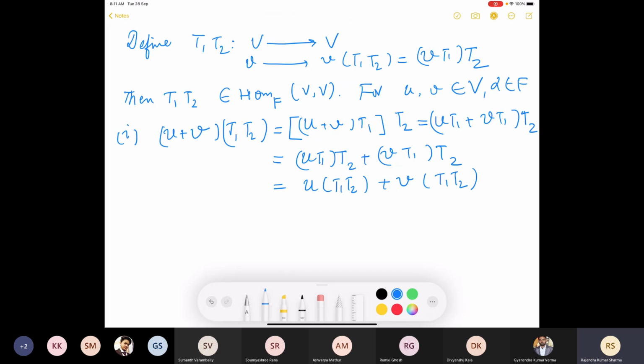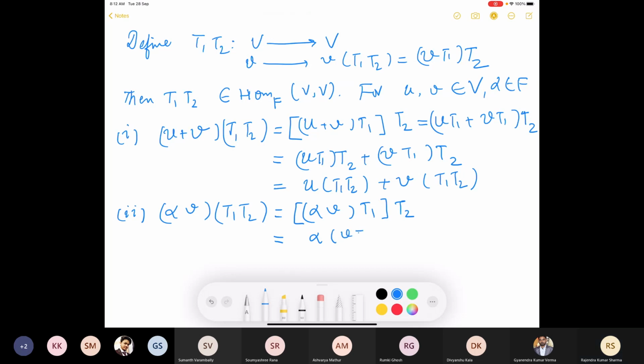And the second thing that we want to see is what about alpha v. Alpha v is an element in V, so we want to see what happens to alpha v under T1 T2. Now this is defined as alpha v under T1 and then this element under T2. Now T1 is a homomorphism, therefore this is the same as alpha (vT1) and this under T2.